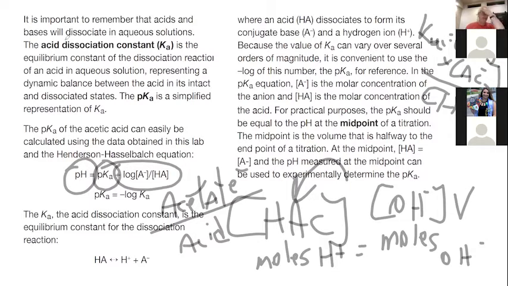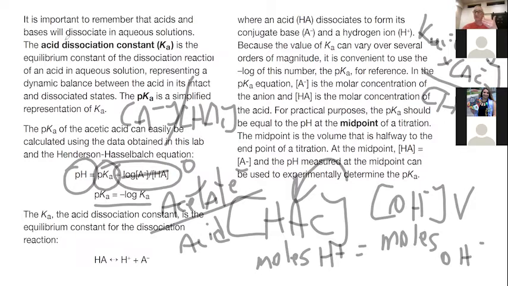Now, if we think about this, the pKa will equal the pH when the concentration of the acetate ion and the concentration of the acetic acid are the same. Because when they're the same, when we divide them, that equals 1, and the log of 1 is 0.